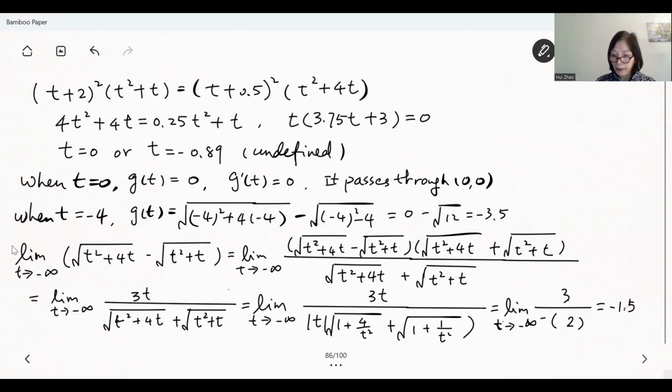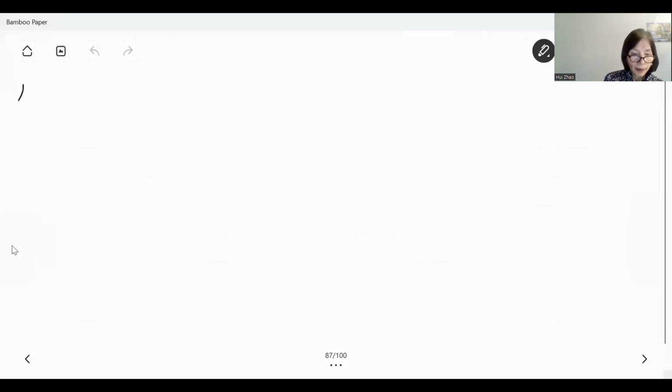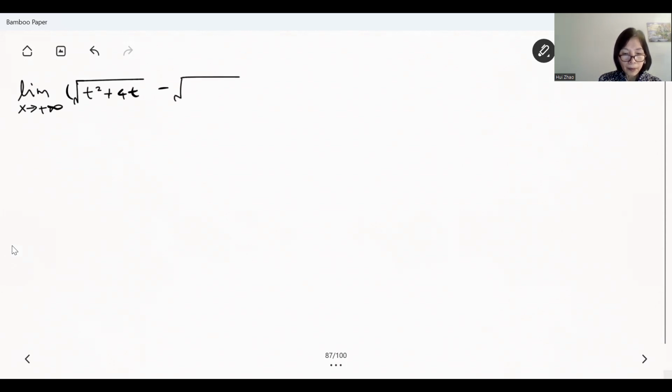And the right side, when x approaches positive infinity, if you carry it out again, the square root of t squared plus 4t minus the square root of t squared plus t equals positive 1.5.